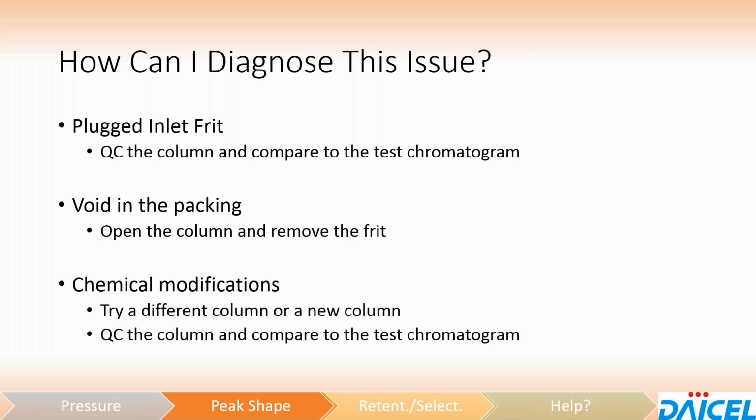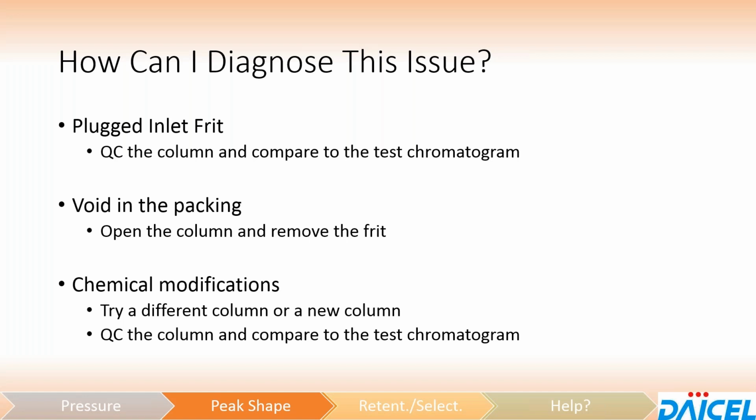For chemical modifications, the best thing that you can do is try a different column or a new column if you have one available to you. This is related to the column history and the memory effect. Potentially there was some analyte that went through that particular column that's causing the interesting peak shape you're seeing.